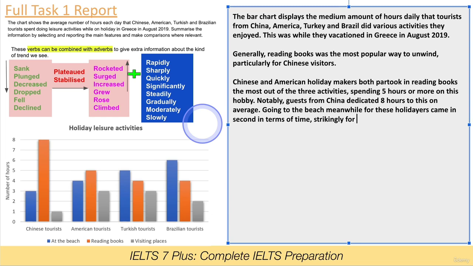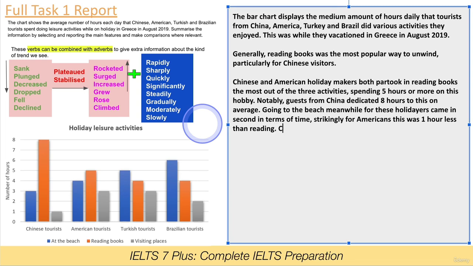Strikingly, for Americans, this was 1 hour less than reading.